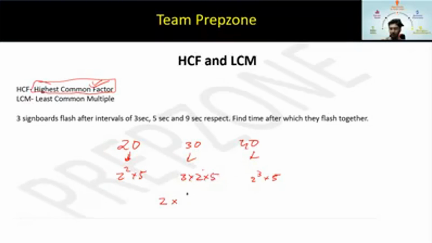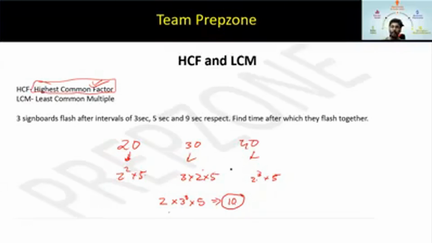What is the least power of 3 in these 3 numbers? 0. Good. That's what I wanted to ask. So the least power of 3 is 0, hence that is 3 to the power 0. What is the least power of 5? 1. HCF is 10. You will always take the least power of the common prime factors. Hence, you got HCF as 10.